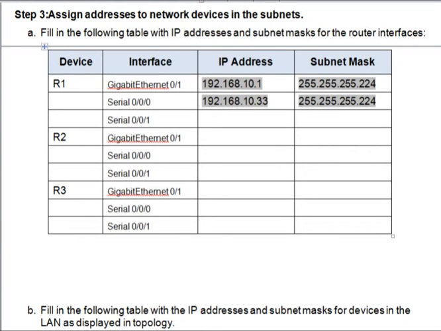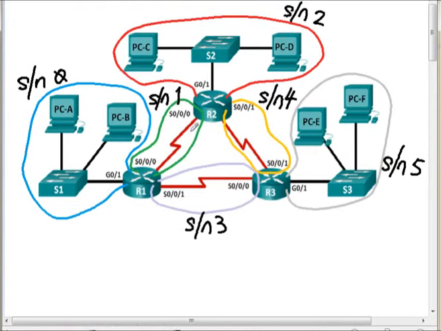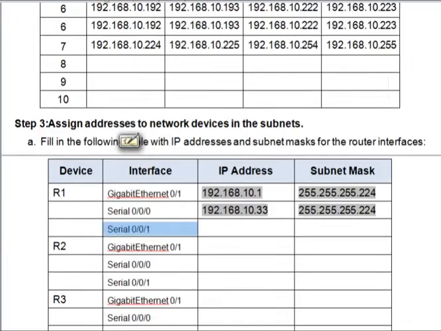After we have filled in the IP address for the 0/0/0 interface for R1, let's continue to fill in the address for 0/0/1 for R1. Looking at the diagram over here, for R1, 0/0/1 falls onto subnet 3. So for subnet 3, we look at the table we have drawn earlier.